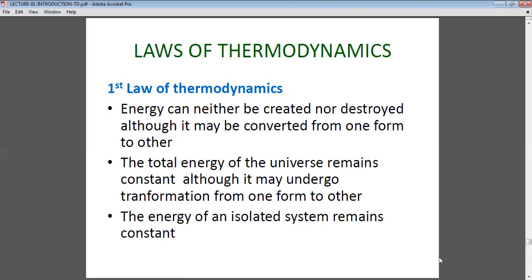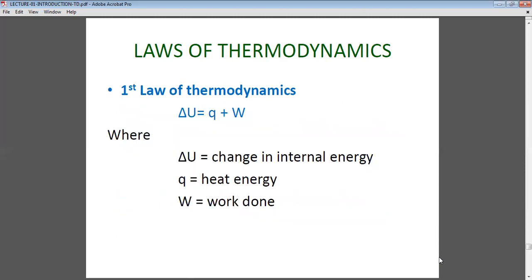For example, the energy of an isolated system remains constant. The first law of thermodynamics can be represented using the equation delta U equals Q plus W, where delta U is the change in internal energy, Q is the heat energy, and W is the work done.